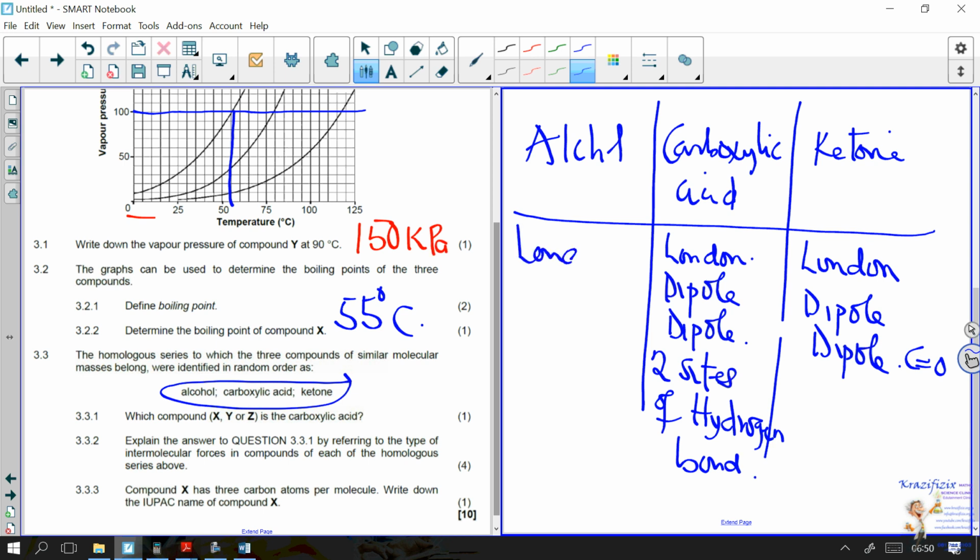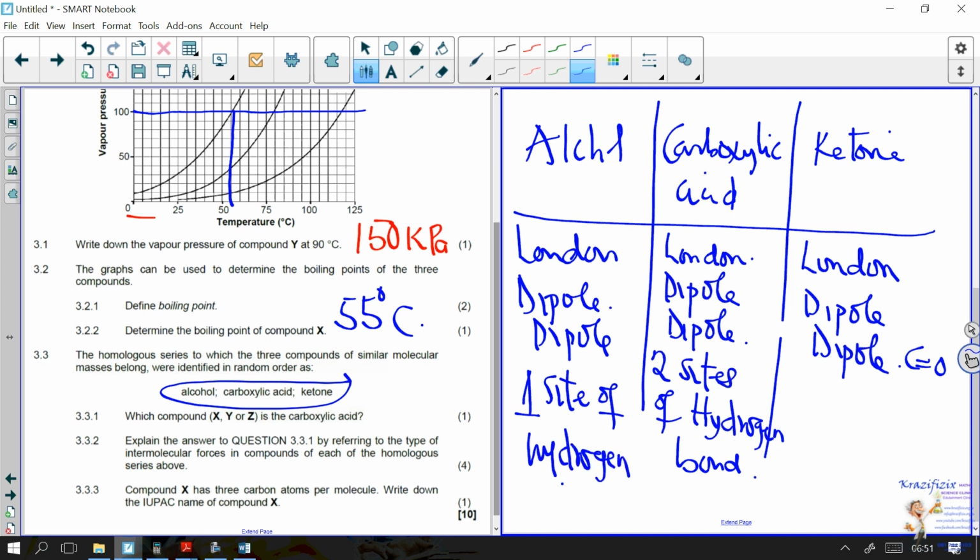What do I have here, in alcohols? I have London. I have dipole, and I have what? One site of hydrogen bond. One site of hydrogen bond.